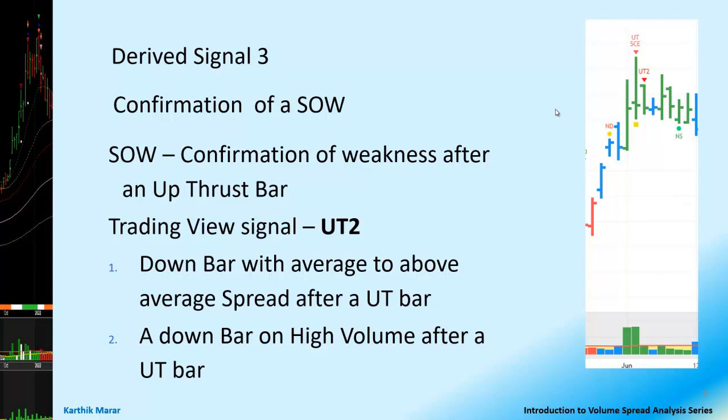In the trading view, it is shown as UT2. The signal is called UT2. So the condition is that it is a down bar with average to above average spread after an upthrust bar, or it's a down bar on high volume after an upthrust bar.